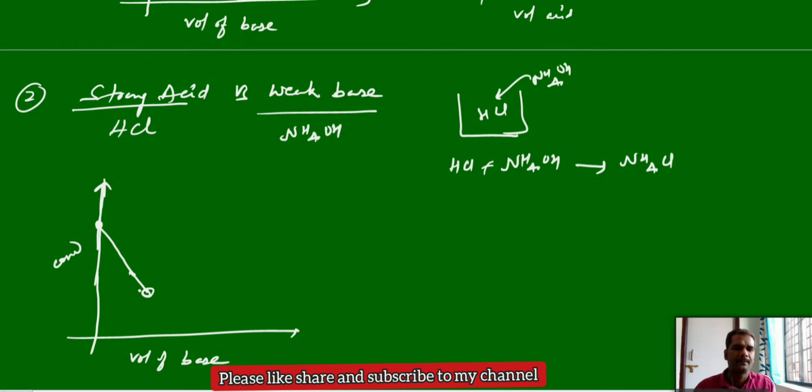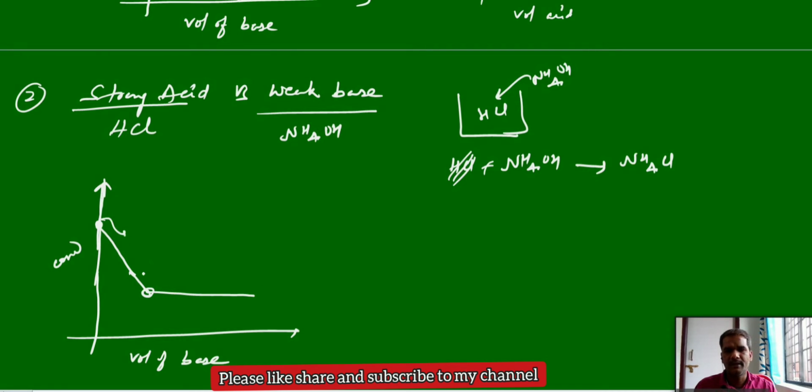Then after all consumption of HCl, if you still add ammonium hydroxide, which is a weak base, it cannot show much conductance because fewer ions dissociate. Weak electrolytes have very little conductance. So you can see the graph like this: you cannot observe much change after the end point, almost a straight line.